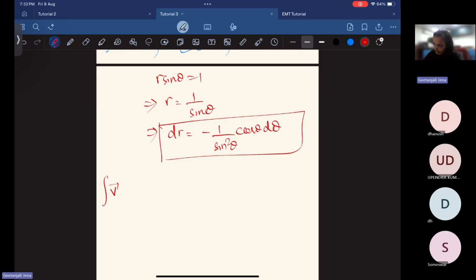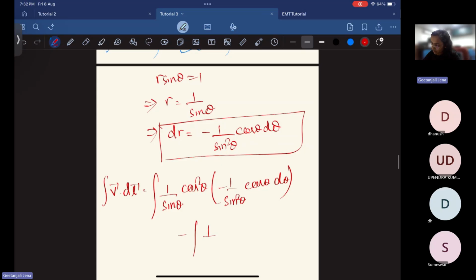So v dot dl will be 1 by sine theta cos square theta cos theta d theta minus r square, which is 1 by sine square theta, cos theta, sin theta, d theta.